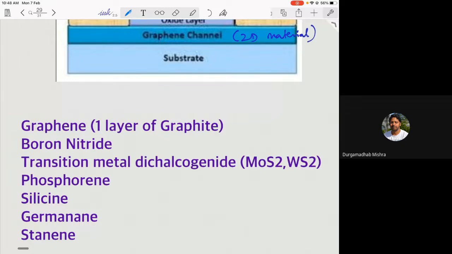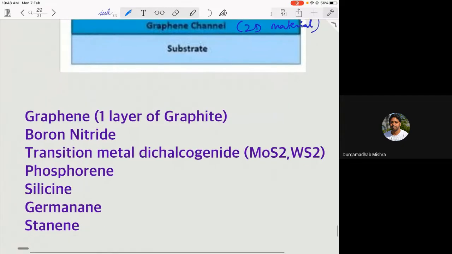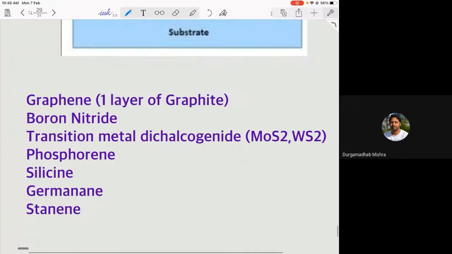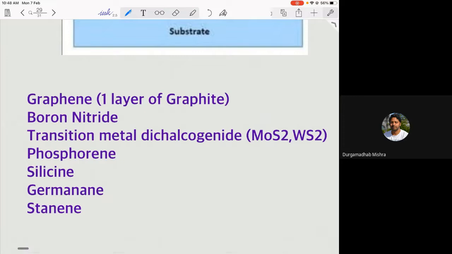These are typically thought of as materials that may not exist. So you have boron nitride, you have MoS2, which are transition metal dichalcogenides. You have one-layer-thick phosphorus, phosphorene. Silicon also one can produce as a two-dimensional layer, known as silicene.